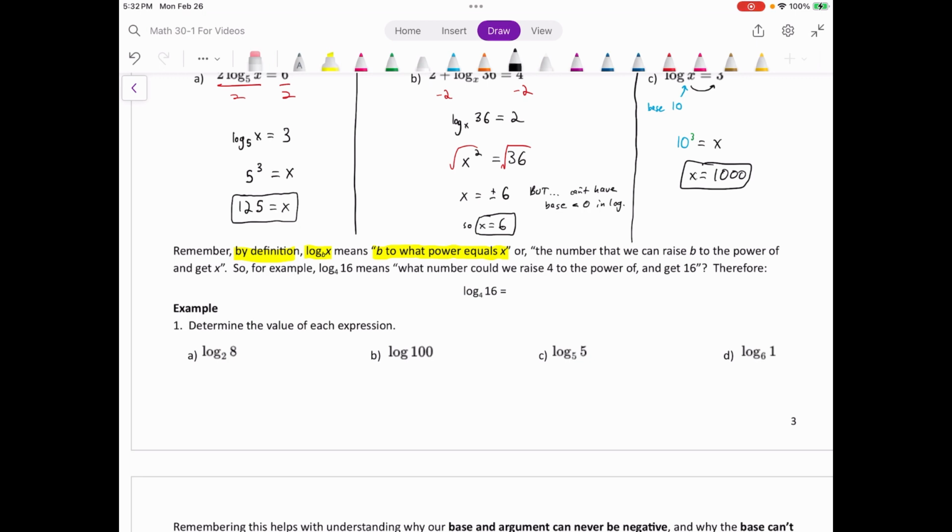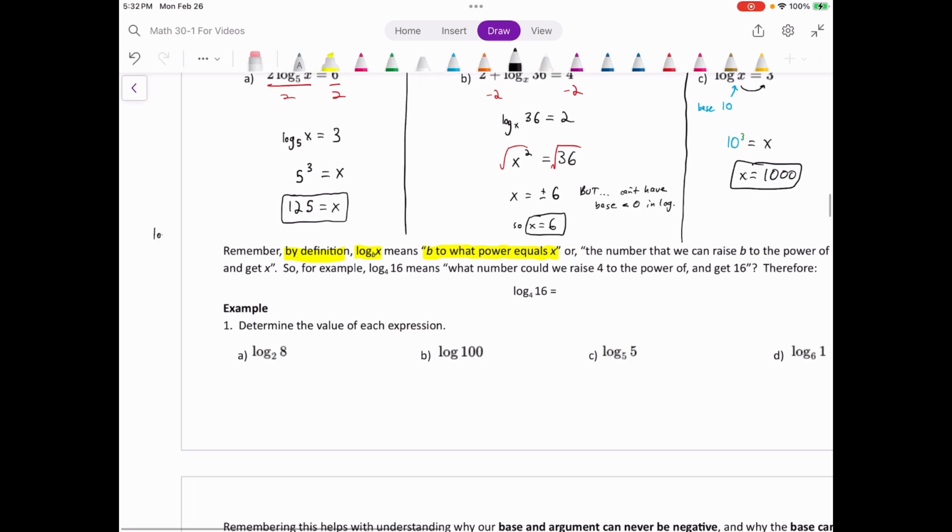If we had log base b of x equals stuff, then really what we're saying is that log base b of x is just equal to the exponent we would need to put on b to make it equal x, right? Log base b of x is equal to the exponent that b needs to become x.